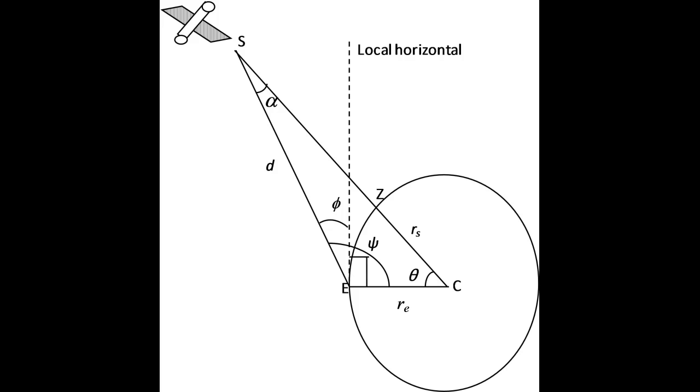I, for example, am at about 2,500 meters, 2.5 kilometers above sea level, so my RS, or the distance from me to the center of the Earth, is 6,380.5 kilometers. But just for simplicity's sake, let's use 6,378 as the ground station distance from the center of the Earth, which puts it directly at sea level.